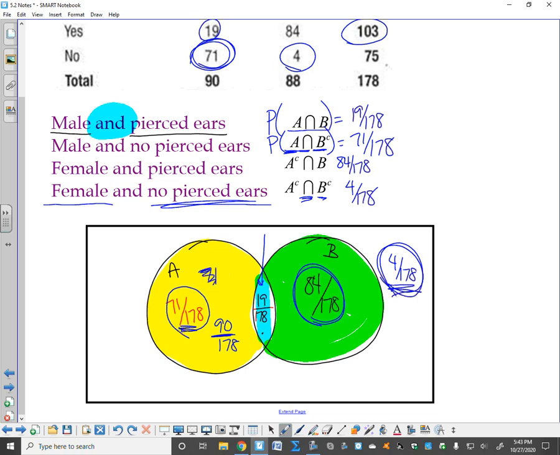But that 90 actually never gets written down on here because the 90 is split into a 71 and a 19, and that makes up the whole bubble that is 90. But this number out here only represents the part that is yellow, and this number out here only represents the part that is green. So make sure you have a really, really solid understanding of that.